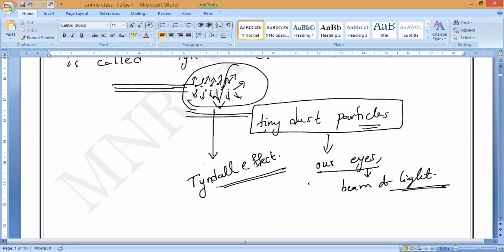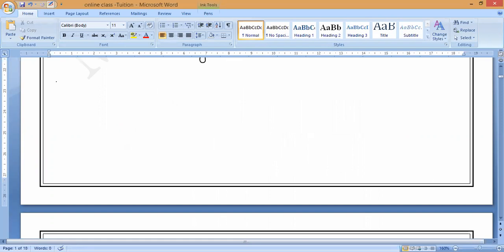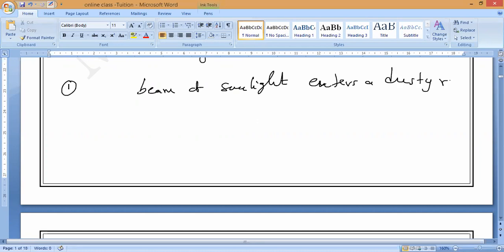If you observe very carefully, what is the best example of the Tyndall effect? A beam of sunlight enters a dusty room through a window.